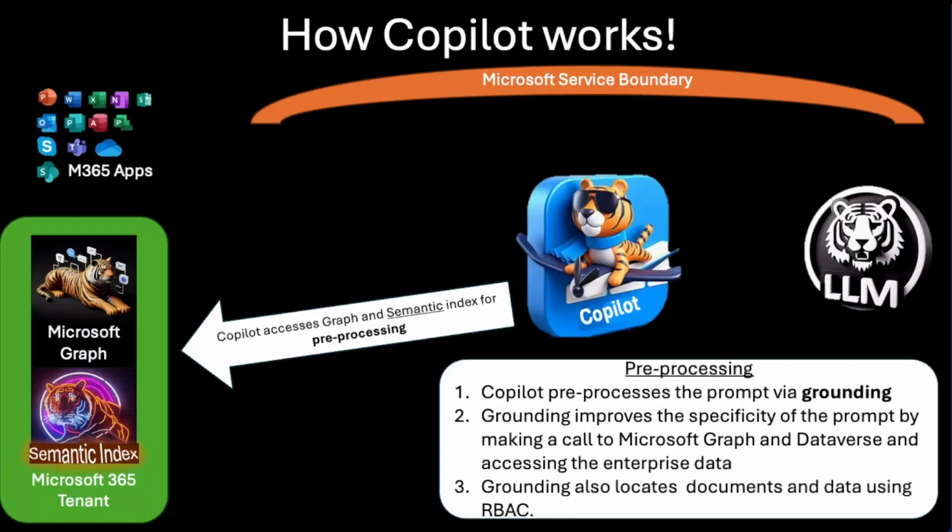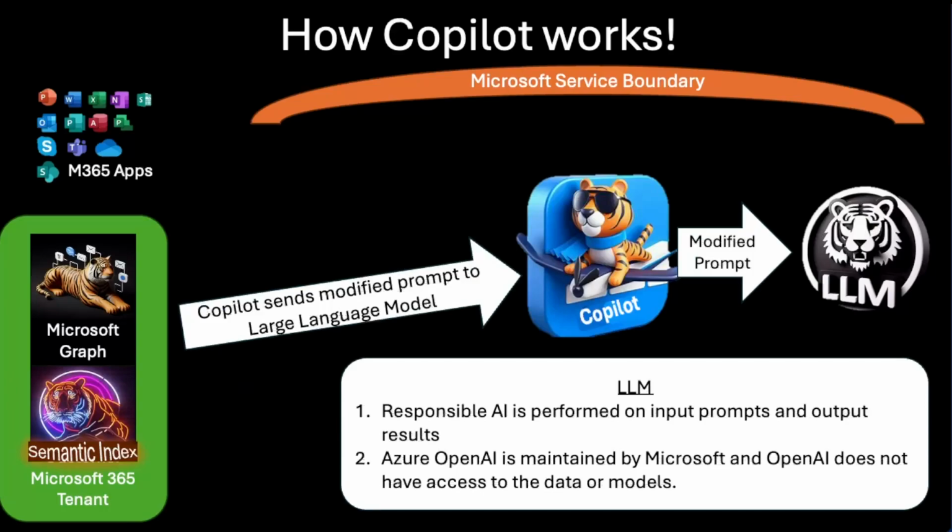And then grounding locates all the documents and data using whatever RBAC controls are in place for you. Then Copilot sends the modified prompt to the LLMs. And this is where AI is performed on the input prompts and an output result is sent.